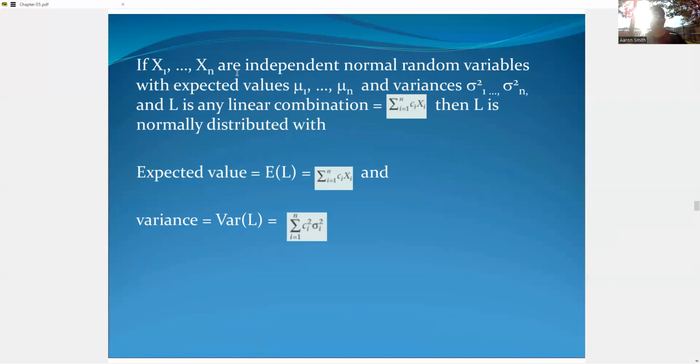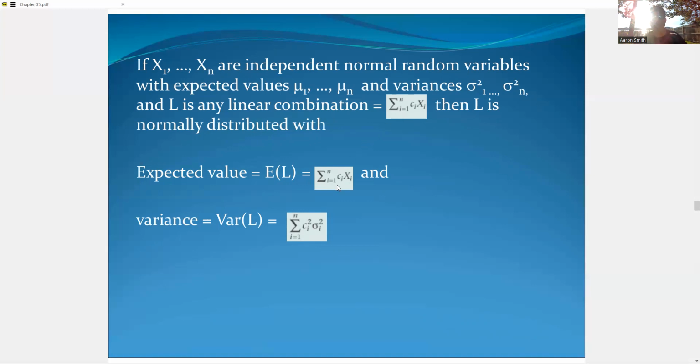All right, if my x's are independent normal random variables with expected values of all of these mu's and all of these different variances, so each random variable has its own mu and its own sigma, then the linear combination that I get here for any constants is going to be normally distributed.